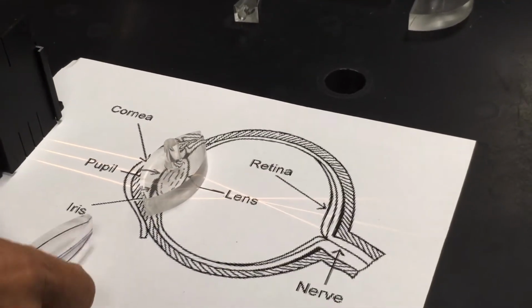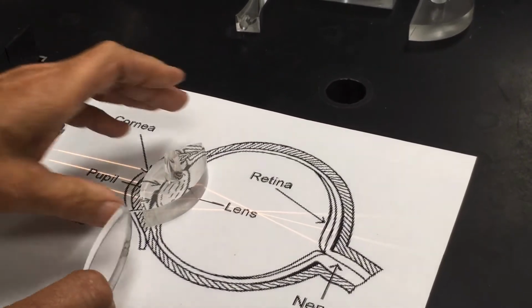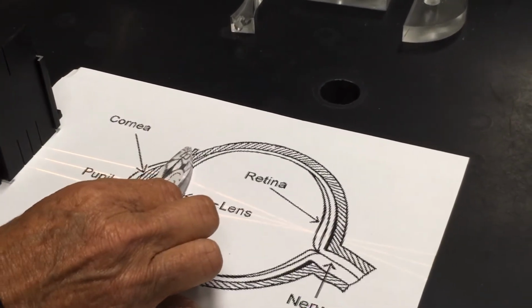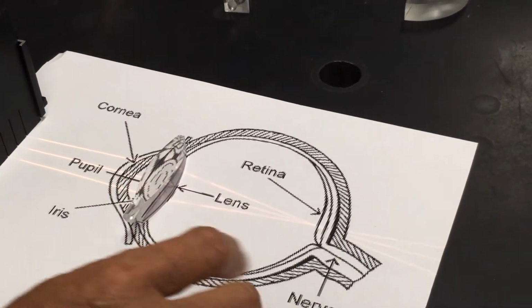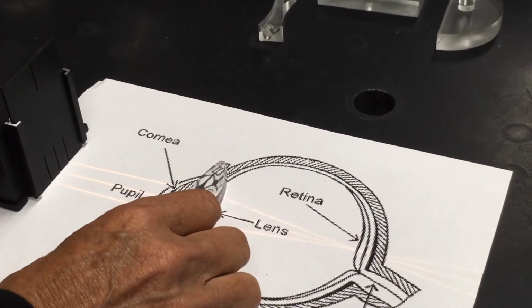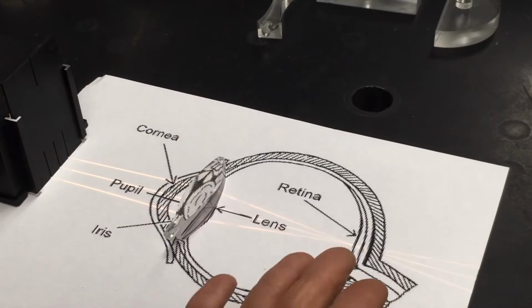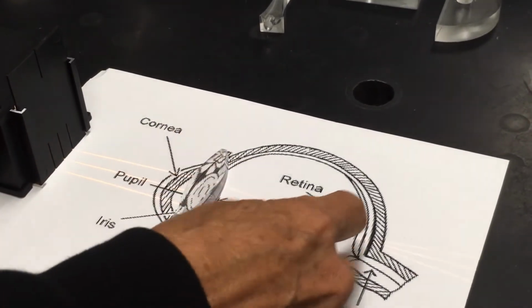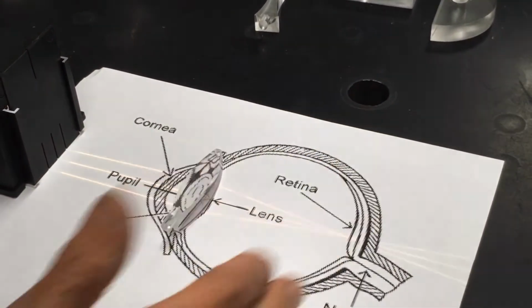But what if we use this double convex lens? Notice what happens. The focal point is way over here. Now that's more like the eye really needs to work. If you have 20/20 vision, that focal point is ending up right on the retina.